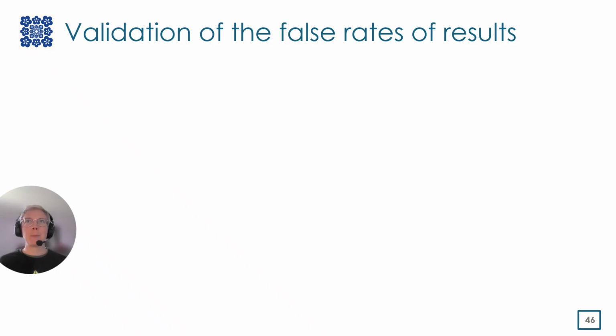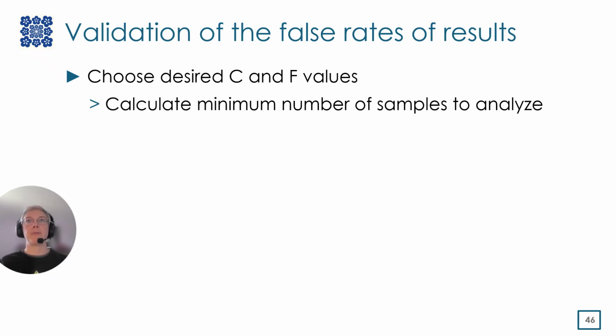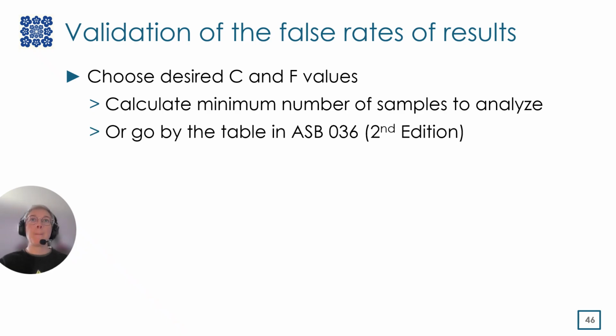Okay, so just to recap, how do we validate false results rates? First of all, you choose desired C and F values, so confidence level and false results rate level. You calculate the minimum number of samples that you need to analyze to be able to claim those C and F rates.